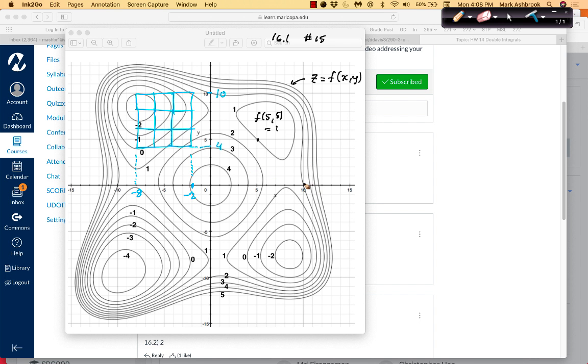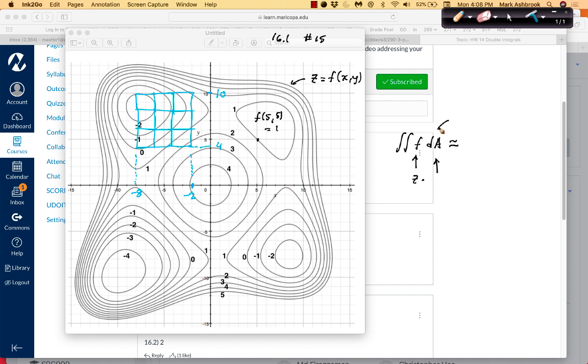Okay, these problems are about double integrals and estimating double integrals, and we're estimating them with Riemann sums. What we're doing is estimating values of z times dA, a little region that has a change in x and a change in y.